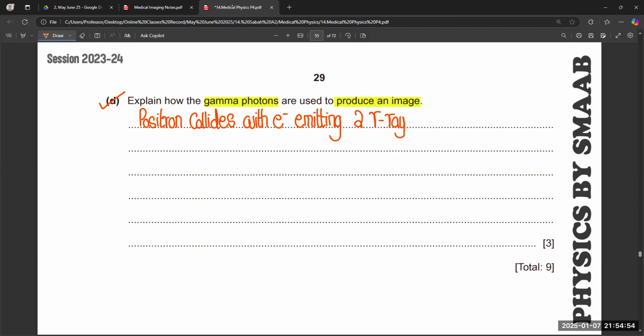They are directly asking how it produces an image, right? Right. So the positron collides with an electron emitting two gamma ray photons traveling in opposite directions.